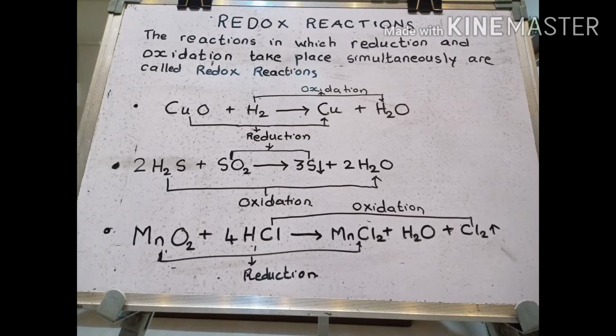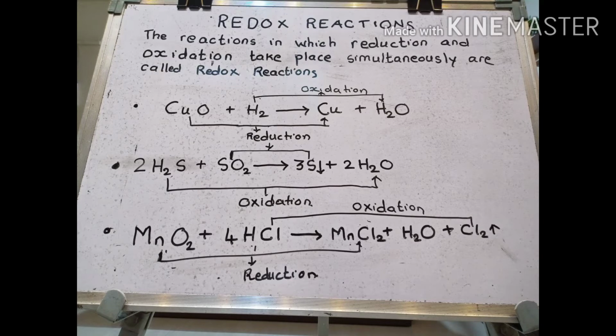So it is a reduction that has taken place because oxygen is removed from sulfur dioxide, resulting in the precipitate of sulfur. On the other hand, you can see that hydrogen has combined with oxygen. So it's an example of oxidation reaction over there. So this is a very good example again of a redox reaction.